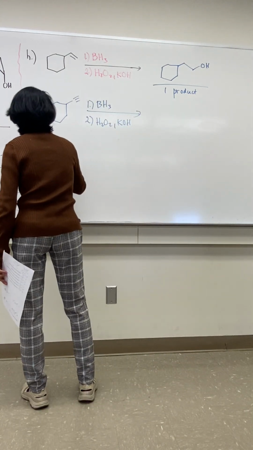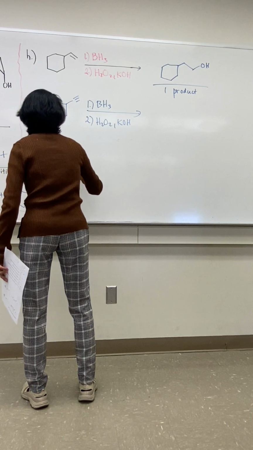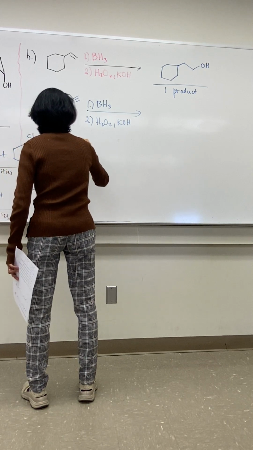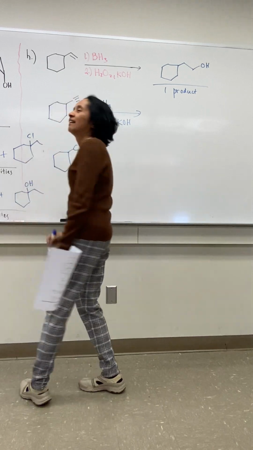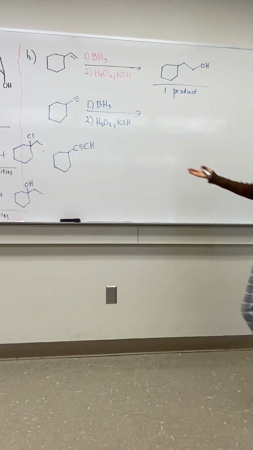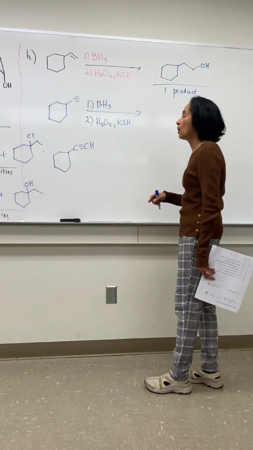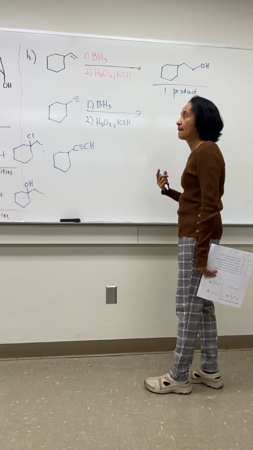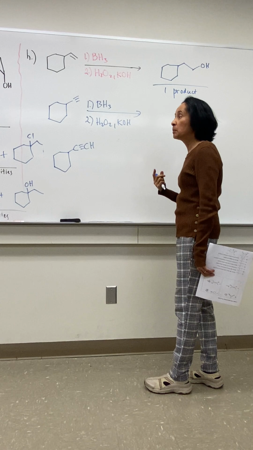Alkyne is a triple bond. An enol? Yes. Okay, so this is a hydration. So you're gonna add OH where? On the triple bond.